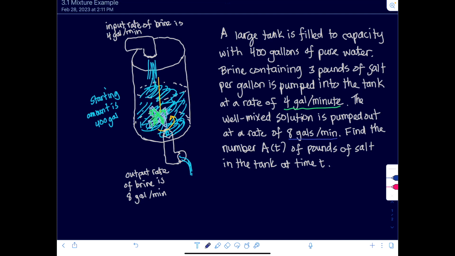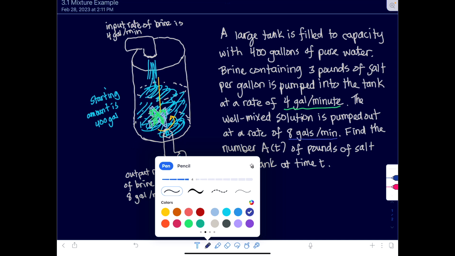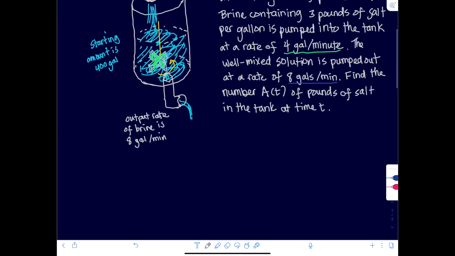So we know that dA/dt is equal to R in minus R out. So let's find those. R in is going to be what's going in there.